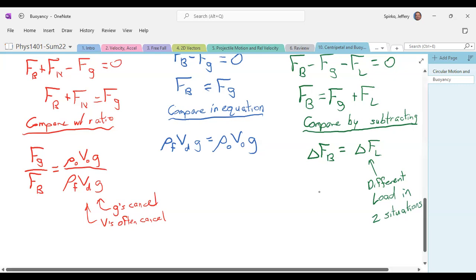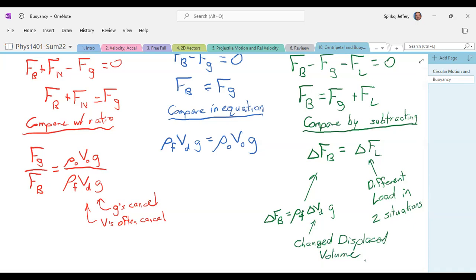Now over here, this is going to be delta force buoyancy is equal to density of fluid times delta V displaced times G. And the only difference in the buoyant force in these two situations is that the amount of displaced volume changes.